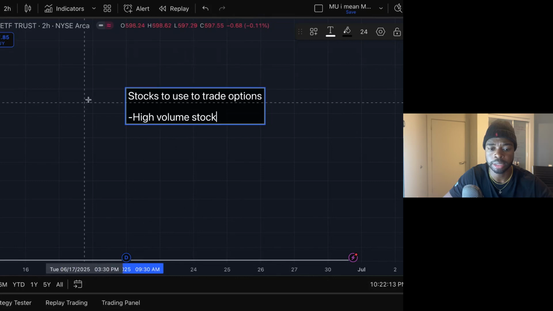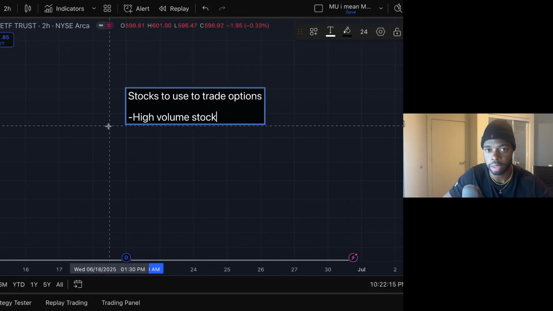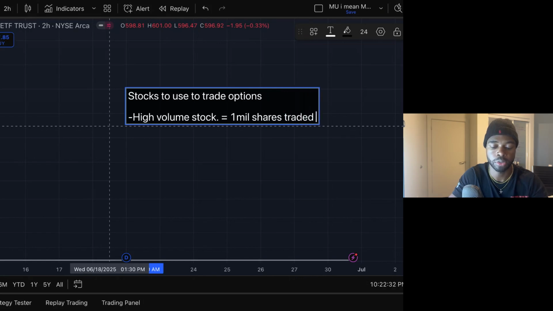So a lot of the stocks I mentioned, those parameters are automatically met because they're trading at volumes of 50 million to 100 million per day. So very heavy volume. But you really need a volume of at least 1 million or more. Okay, so 1 mil shares traded or more.